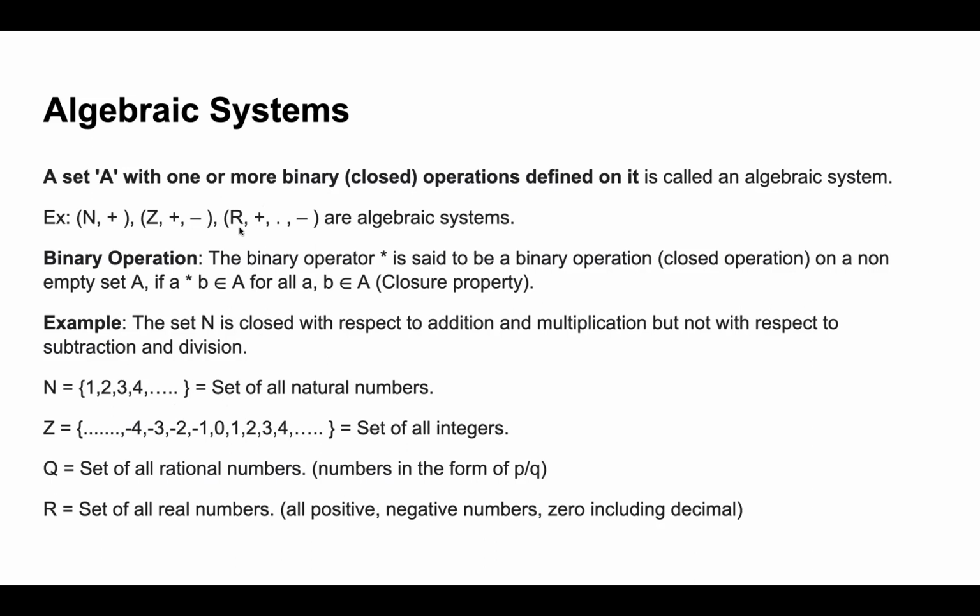Then consider R with plus, dot and minus. Now what is R? The set of all real numbers. What does it include? All positive and negative numbers, 0, including decimals. Decimal points are also there. R is the set of real numbers.